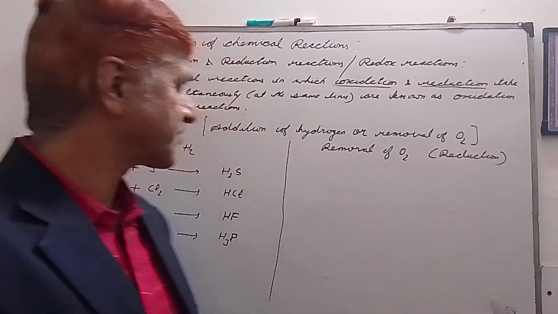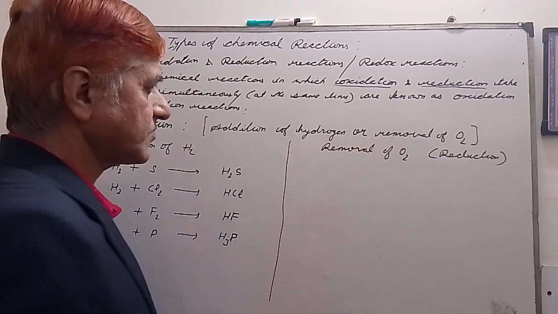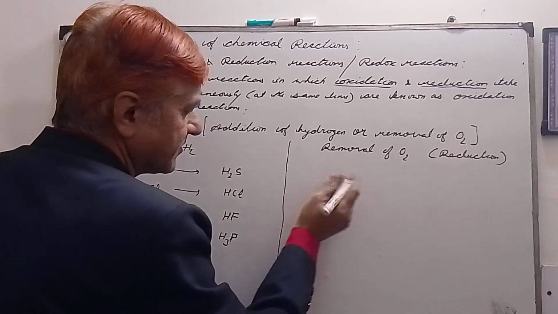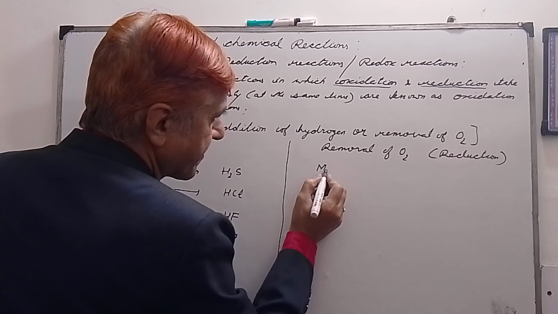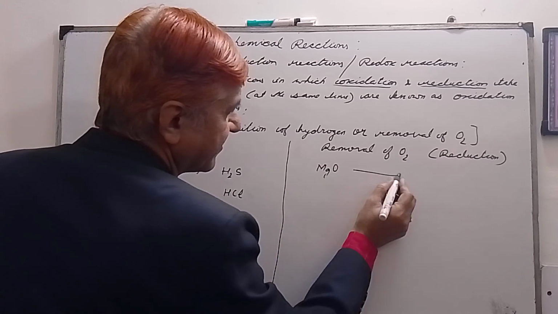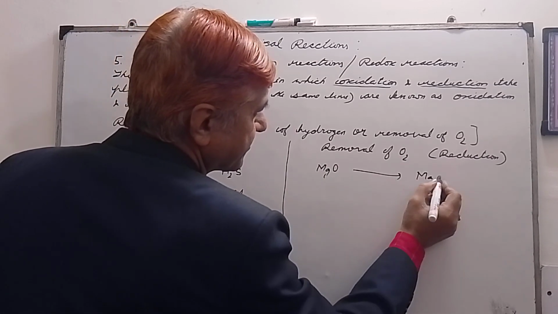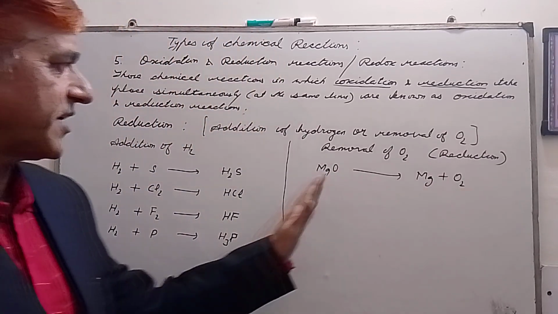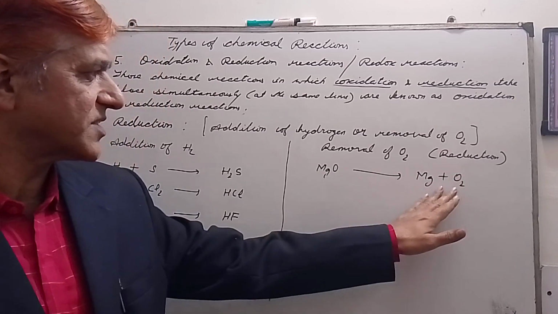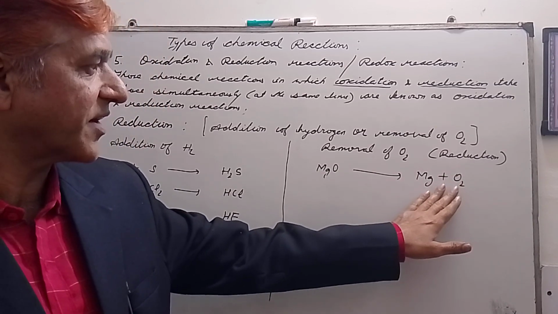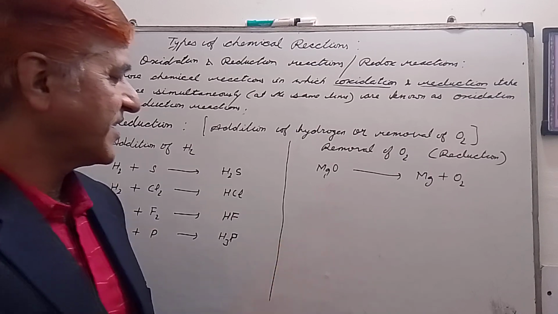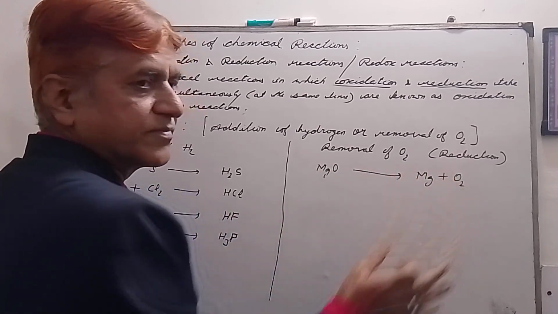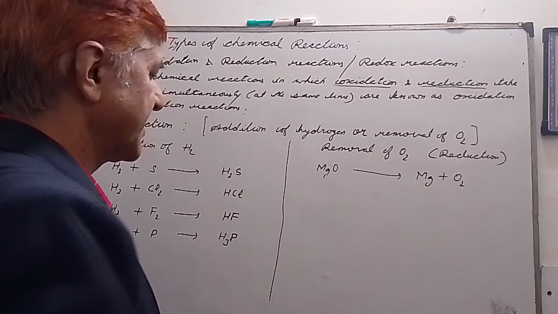Just cram this. Removal of oxygen, for example, magnesium oxide gives magnesium plus oxygen. Here oxygen is getting separated, removed, so this is reduction. And at the same time, one reactant and two products make it a decomposition reaction.